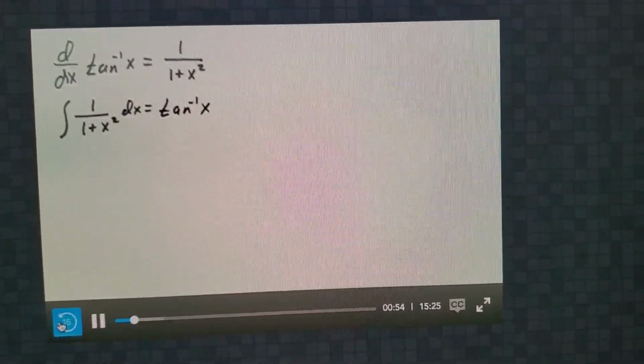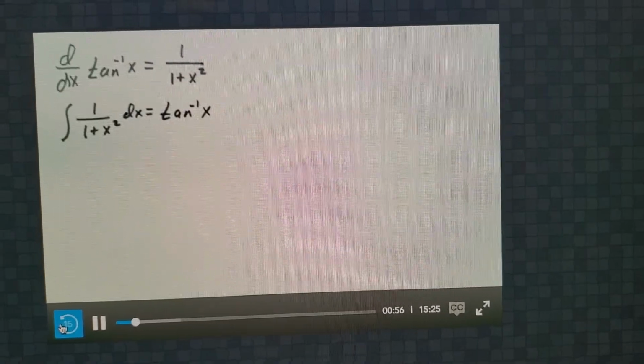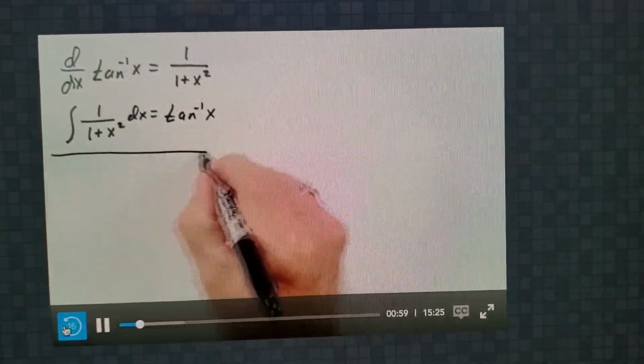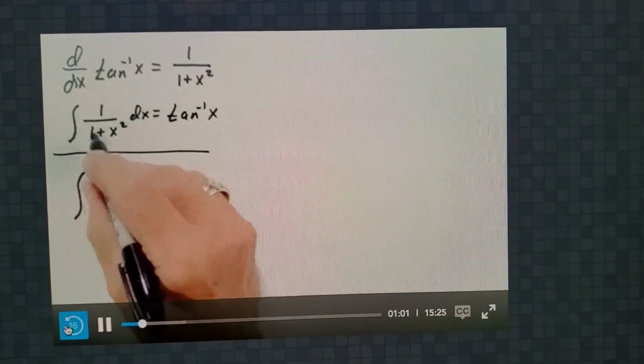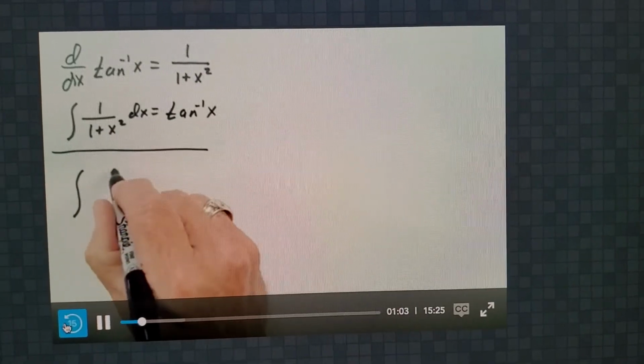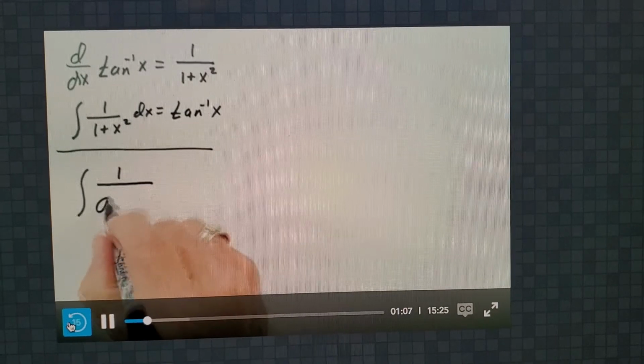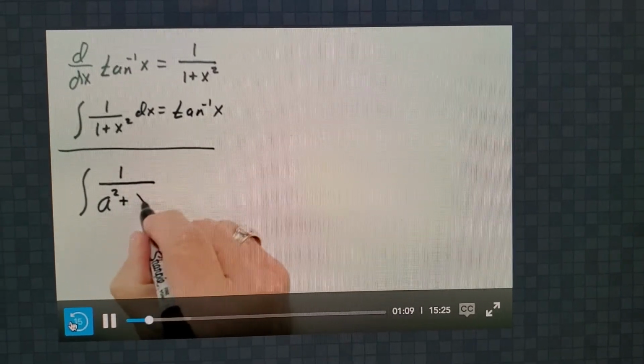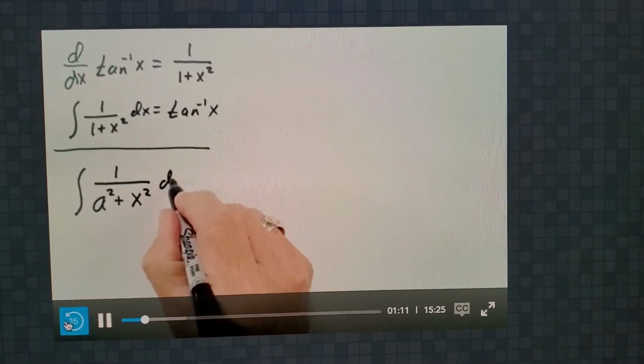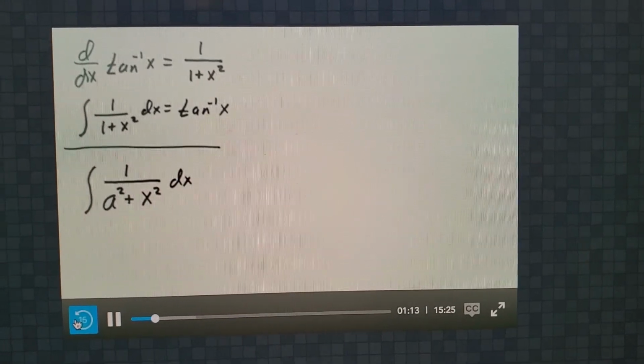Okay? But I would like us to look at not 1 over 1 plus x squared, but 1 over a squared plus x squared, where a is just some constant.